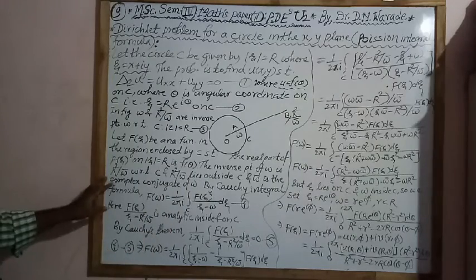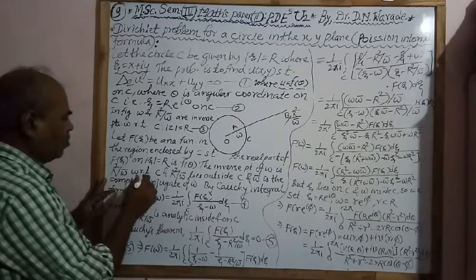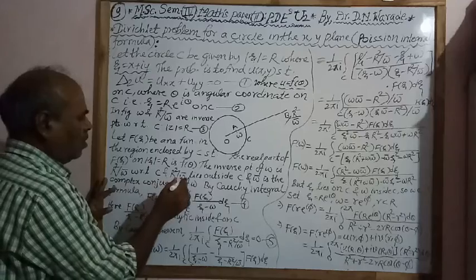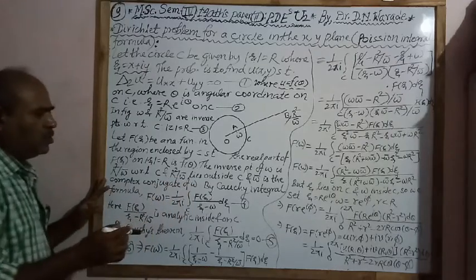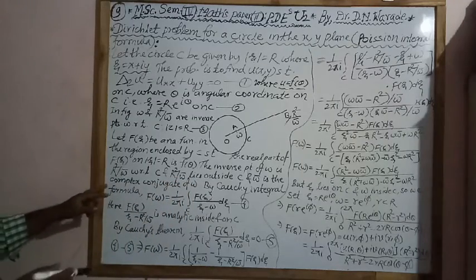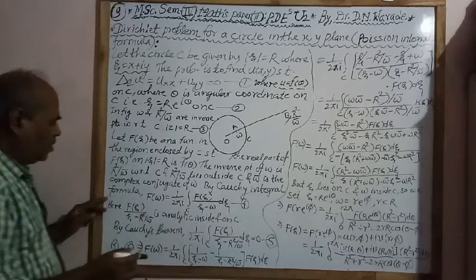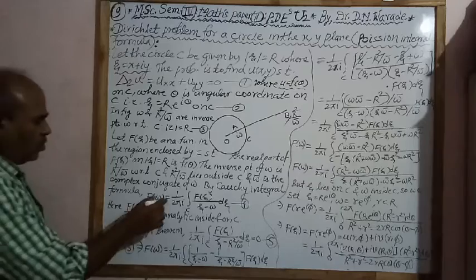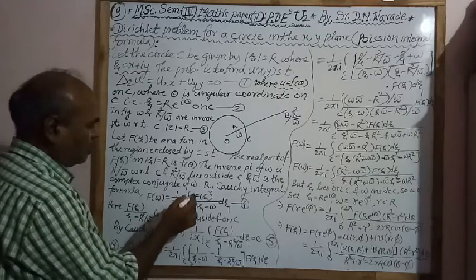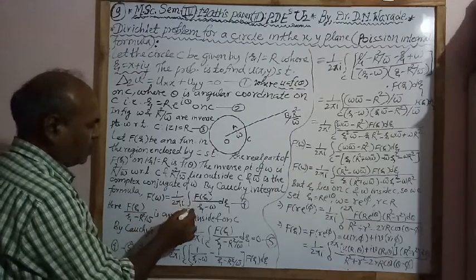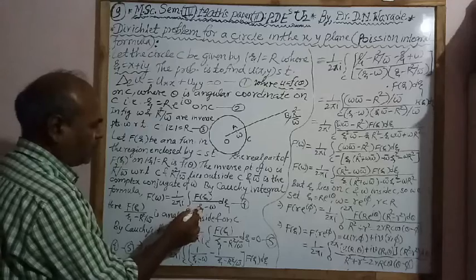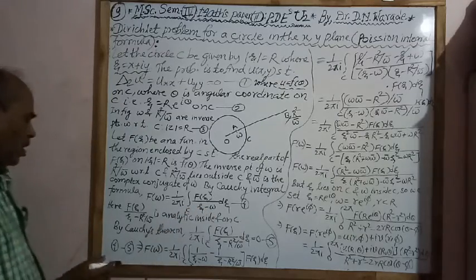The inverse point of w is r square by w bar with respect to circle C, and r square by w bar lies outside C, where w bar is the complex conjugate of w. By Cauchy integral formula, we have f of w equal to 1 upon twice pi i integration along the circle C f of z divided by xi minus w dz.